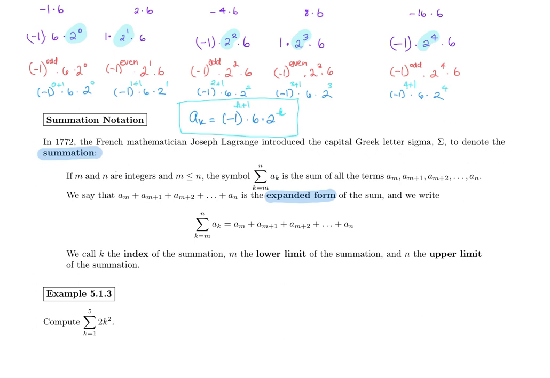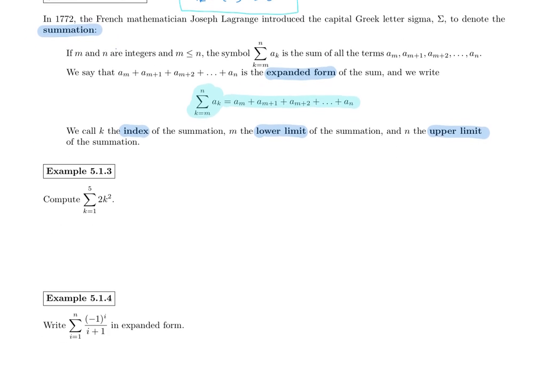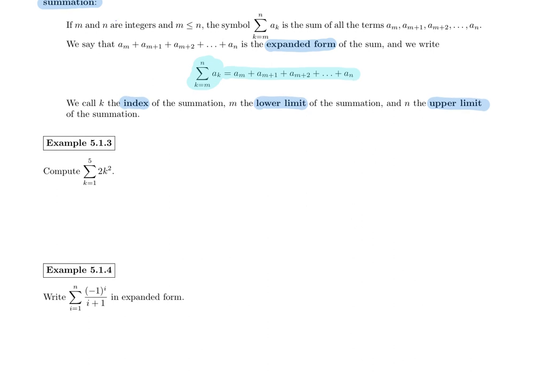And we can rewrite it then as one big summation here, where we say our sum from k equals m to n of a sub k is equal to a sub m plus a sub m plus 1 plus a sub m plus 2 plus a sub m plus 3 all the way up to a sub n. And we call k our index of the summation, with m being the lower limit and n being the upper limit. And we're going to find a few summations using these ideas.